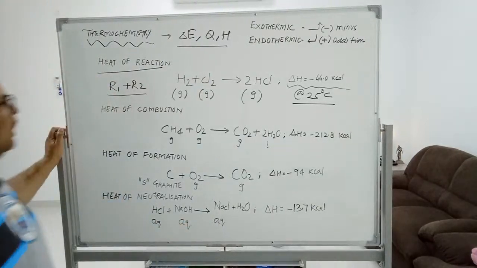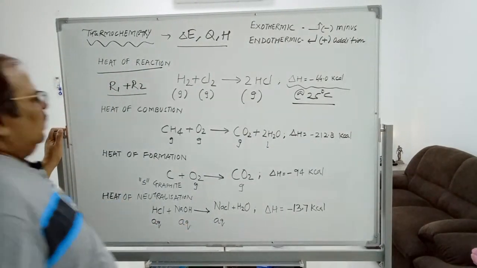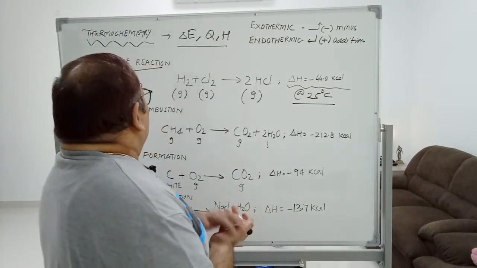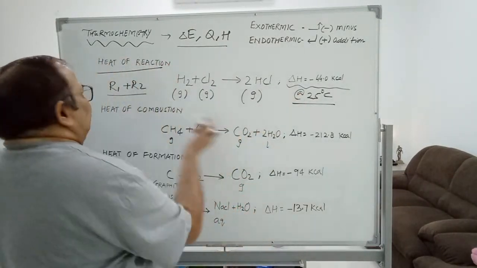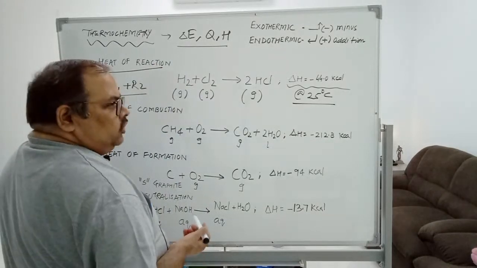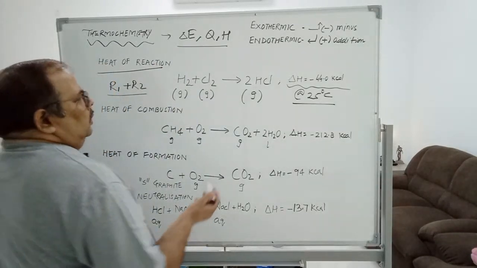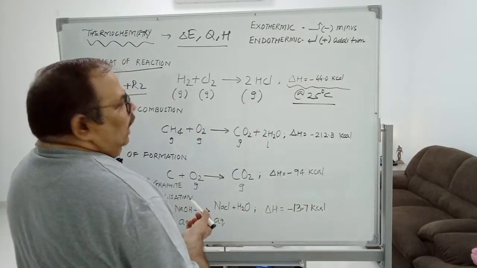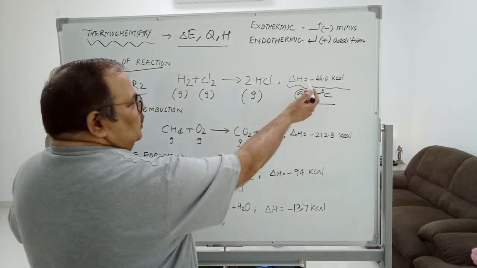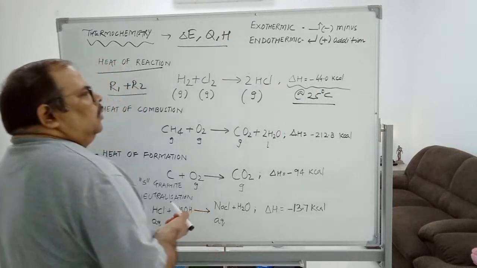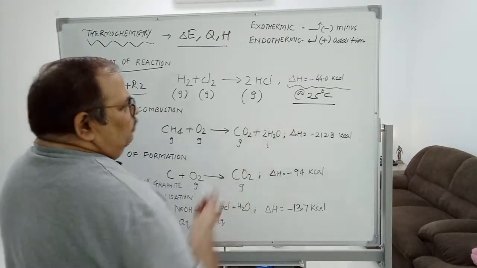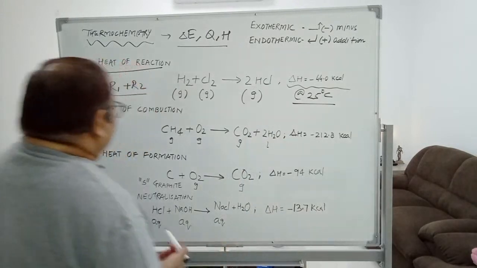When a fixed amount of reactant reacts and forms a product, the heat is termed as heat of reaction. In the formation of hydrogen chloride gas, liberation of 44 kilocalorie heat takes place at a temperature of 25 degree centigrade.